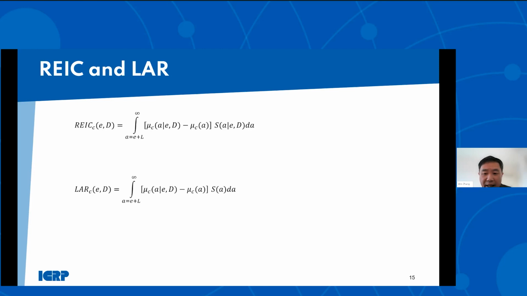People often use LAR for similar calculations. One can see that the difference in these two formulas is the survival function. The survival function for IEIC takes into account radiation exposure of D at age E, but the survival function for LAR does not take into account radiation exposure.